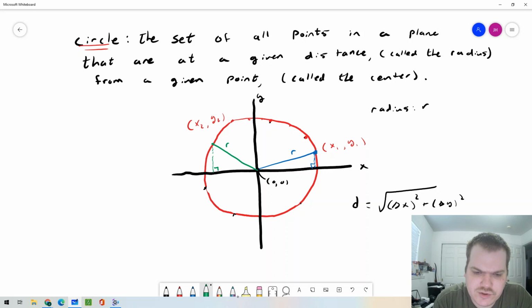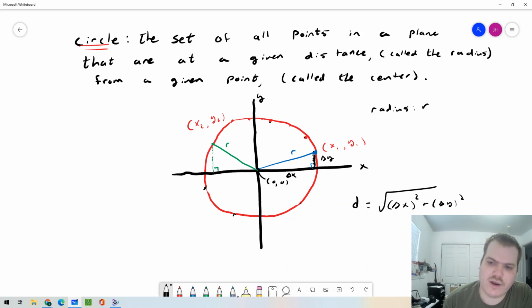Well, delta x is the distance from the point I'm looking at, 0, 0, to this point right here. So this distance is going to be delta x. And then from the point that I'm looking at here to here, this is going to be delta y. And we can see that if that sets up a right triangle, r has got to be equal to, by the Pythagorean theorem, r squared is equal to delta x squared plus delta y squared.